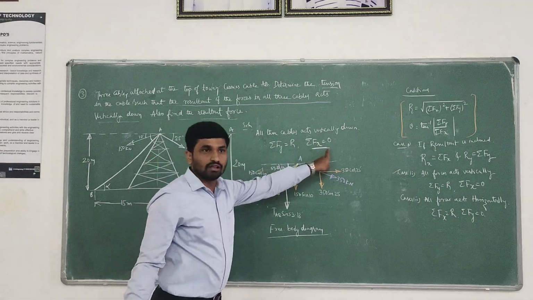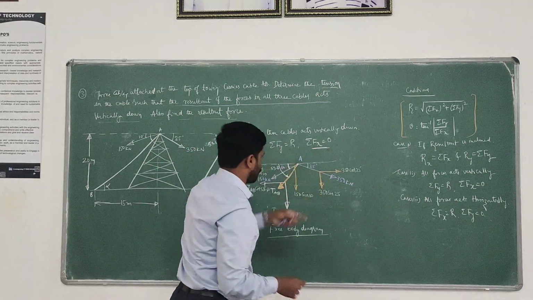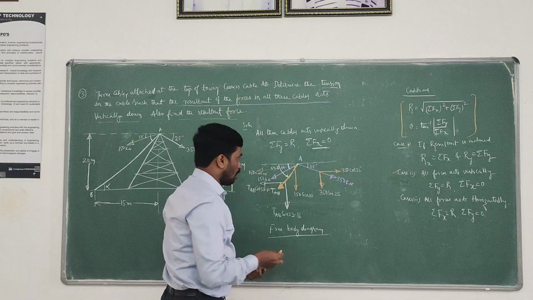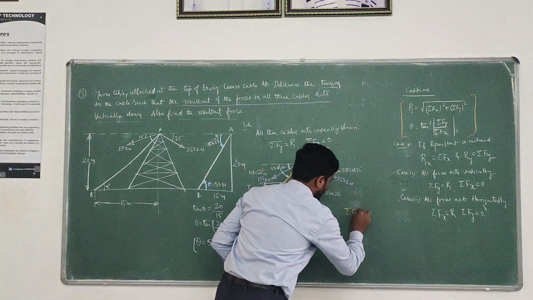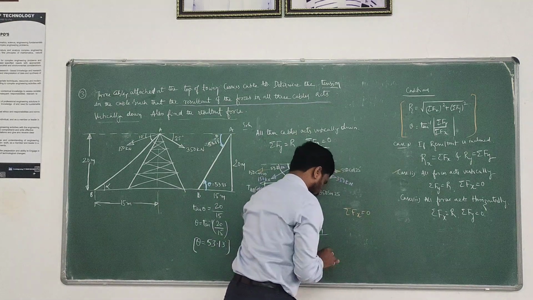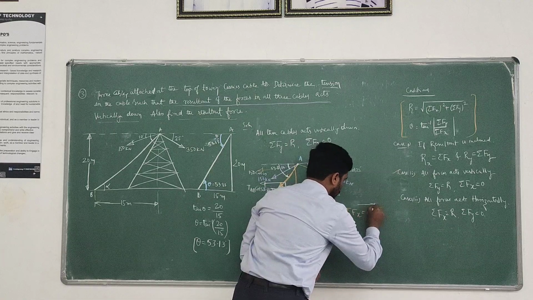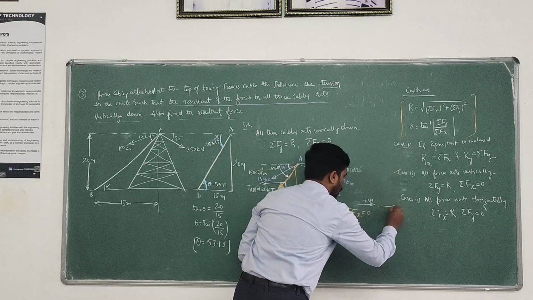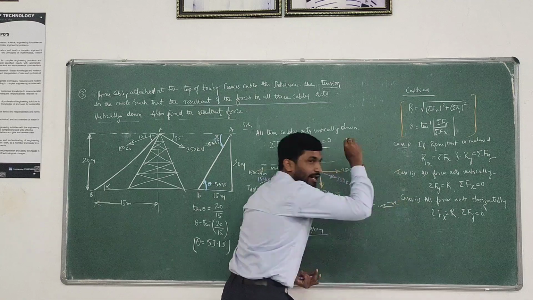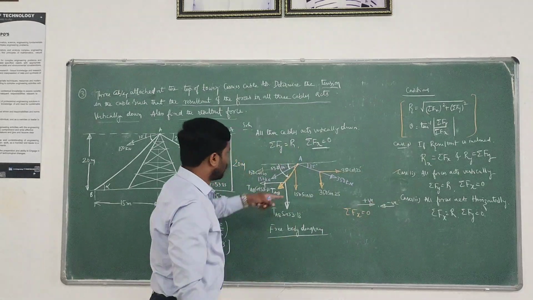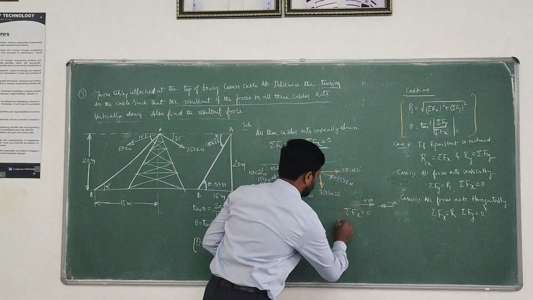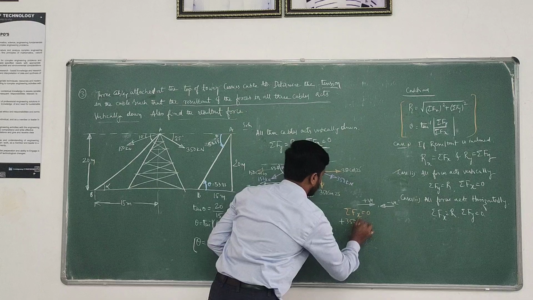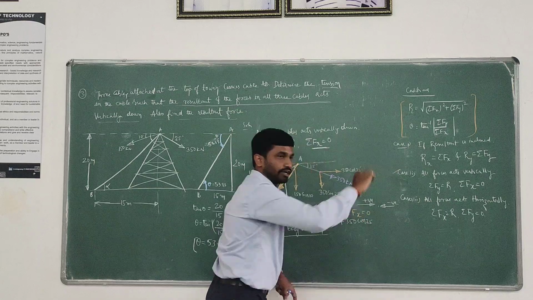Sigma Fx equal 0. If you apply sigma Fx equals 0, the general horizontal sign convention: the horizontal force right side is positive and acting left side is negative. This is the sign convention. So it will become plus 350 cos 25.